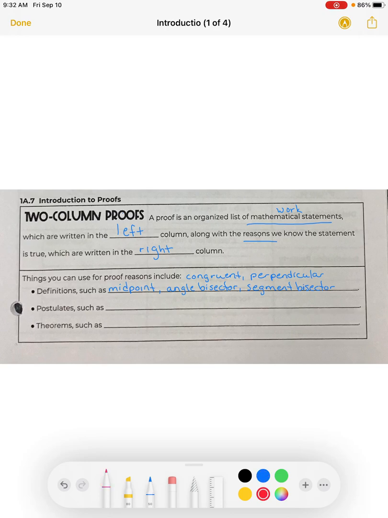Postulates that we've learned. We've learned segment addition postulate, or we've learned angle addition postulate.